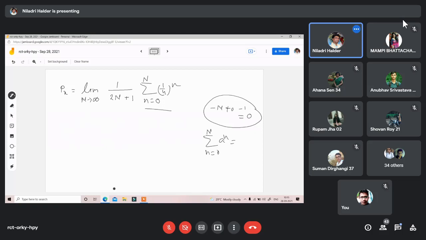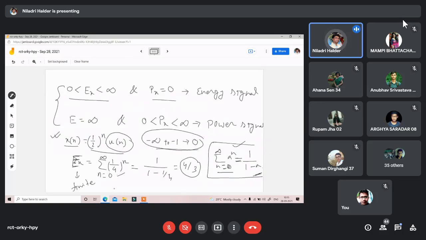Keep in mind, for an infinite range n equal to 0 to infinity, you are getting 1 by 1 minus a, and for a finite range n equal to 0 to N, you are getting that formula.